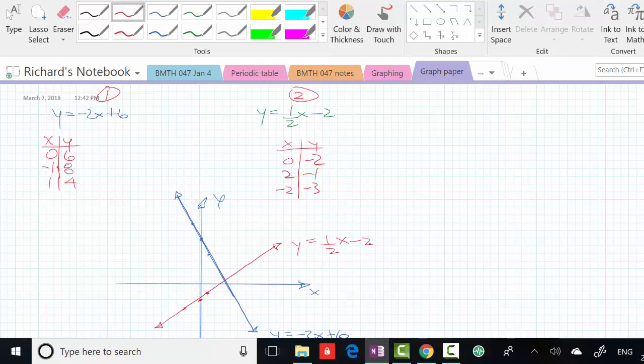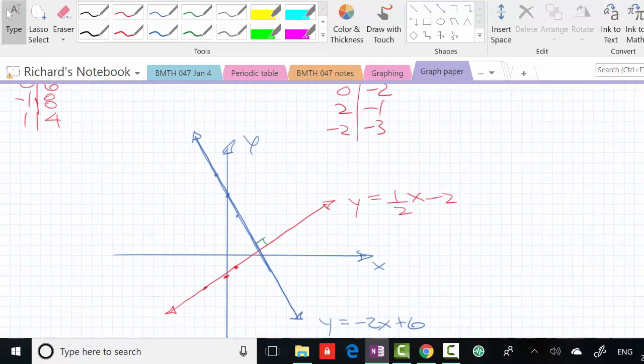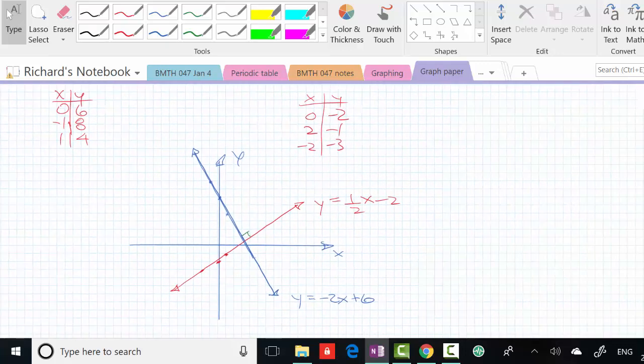And now it turns out that the graphs of these two equations are perpendicular to each other. They are at right angles. And that is because they have negative reciprocal slopes. The graph of this first equation has slope m1 of minus 2.